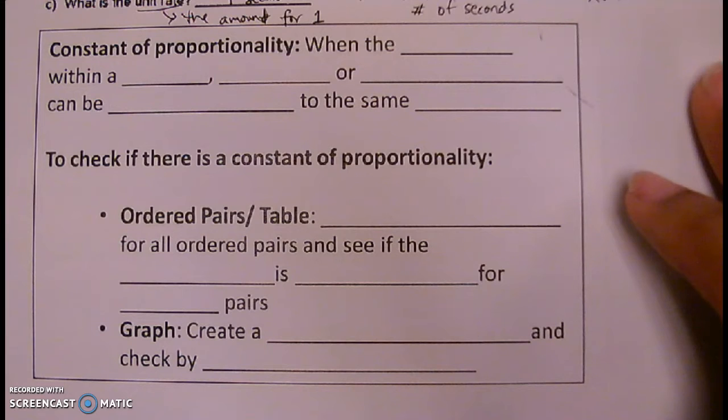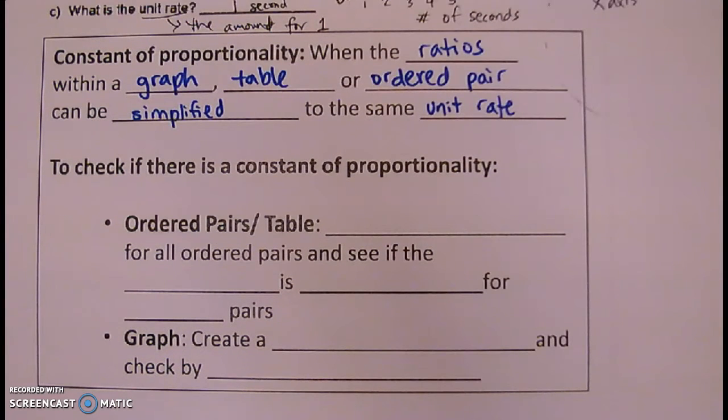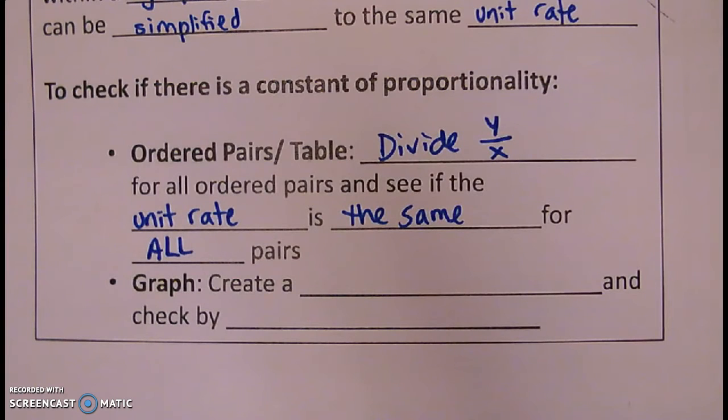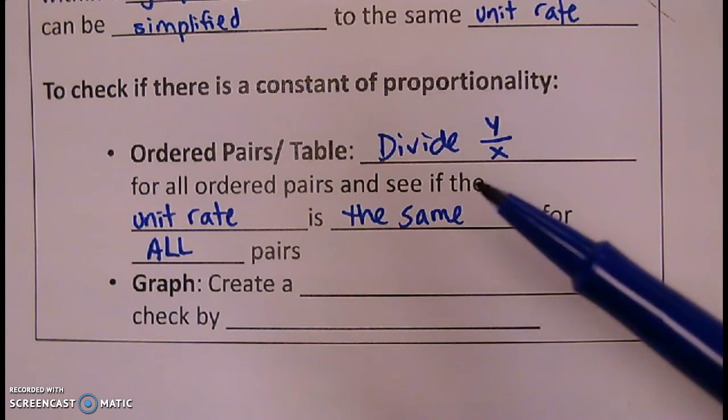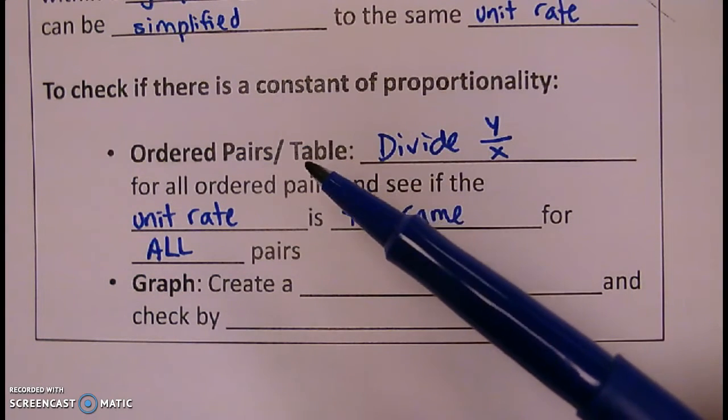So we're going to talk about that right now. The constant of proportionality is in existence when the ratios within a graph, table, or ordered pair can be simplified to the same unit rate, just like we did in our example. In order to check and see whether there is a constant of proportionality, you can do several things.